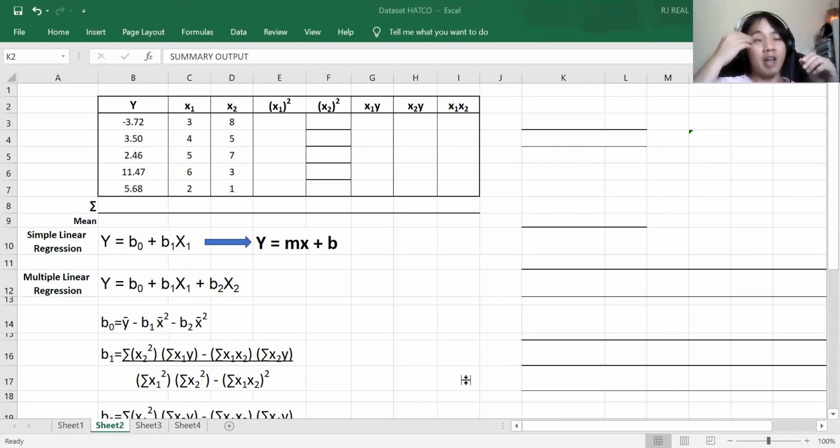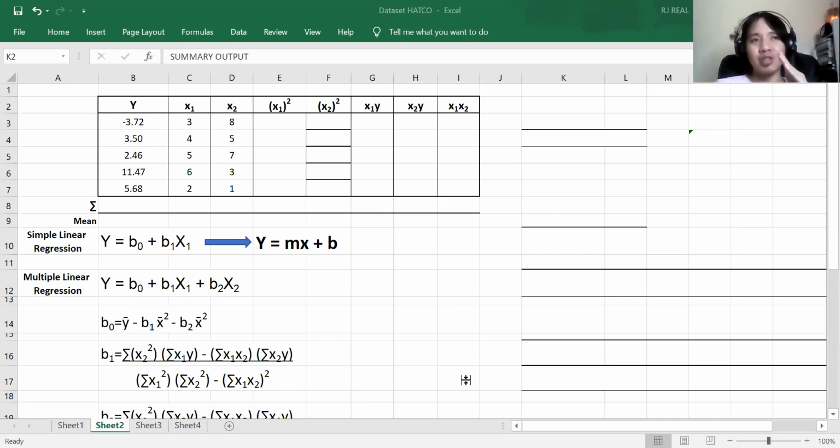This linear function, when used in regression analysis, will have the same interpretation but on different notation.